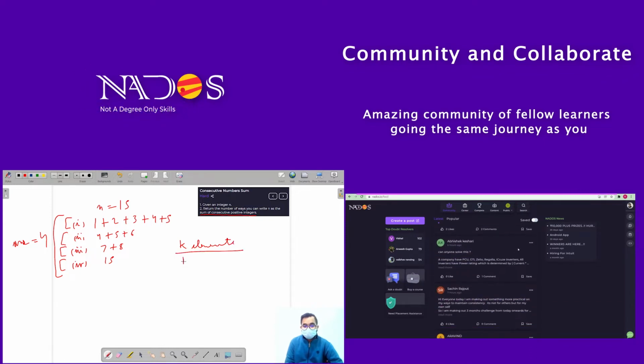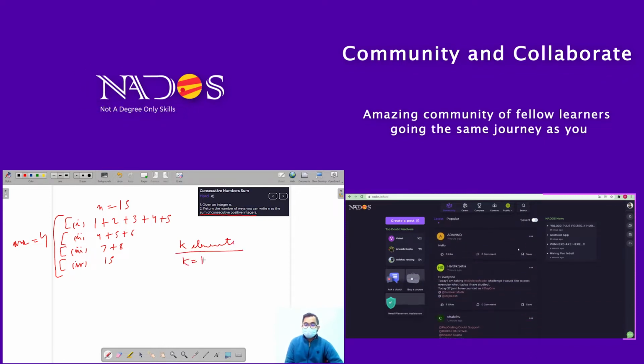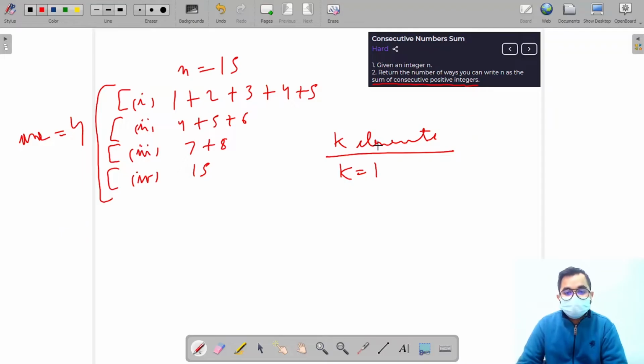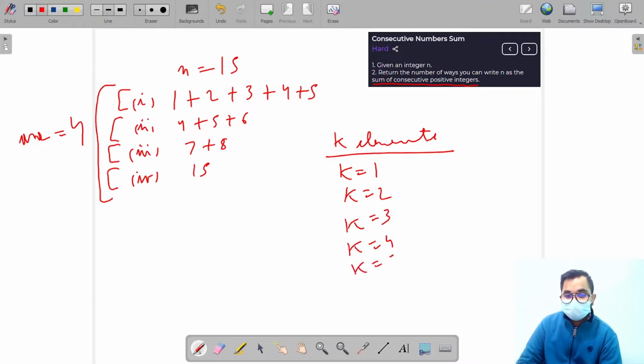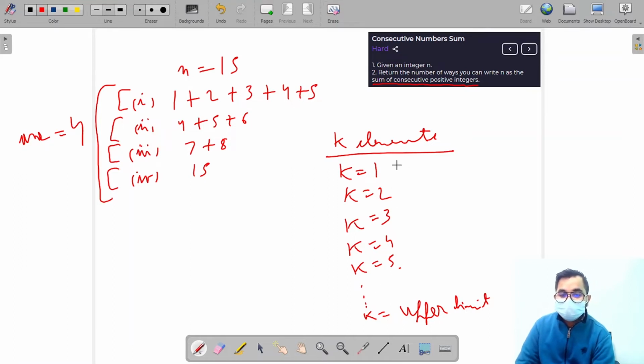I can choose a one-element consecutive positive integer sequence, a two-element sequence, a three-element sequence, a four-element sequence, a five-element sequence, and so on, up to some upper limit of k, because I can find sequences with k elements.